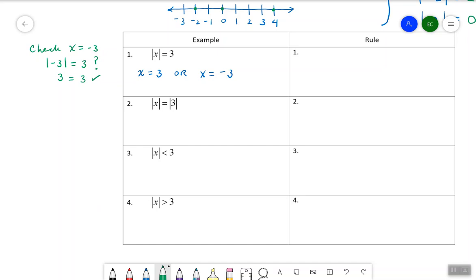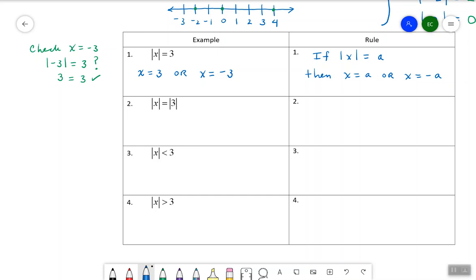Okay, so the generalization that we want to make, the rule that we want to write, is to say that if the absolute value of x is equal to a, then x is equal to a, or x is equal to -a. And when we write this rule, x is a variable or it's a variable expression.